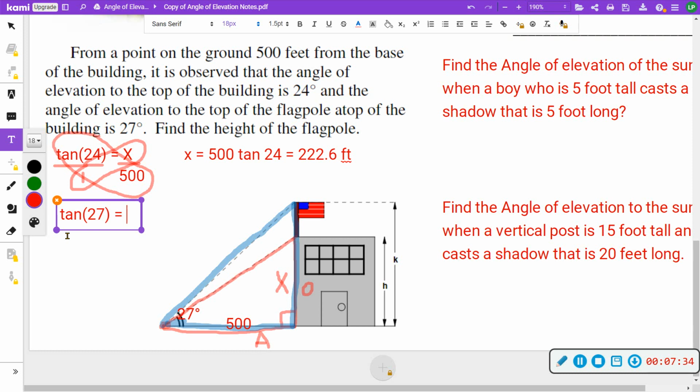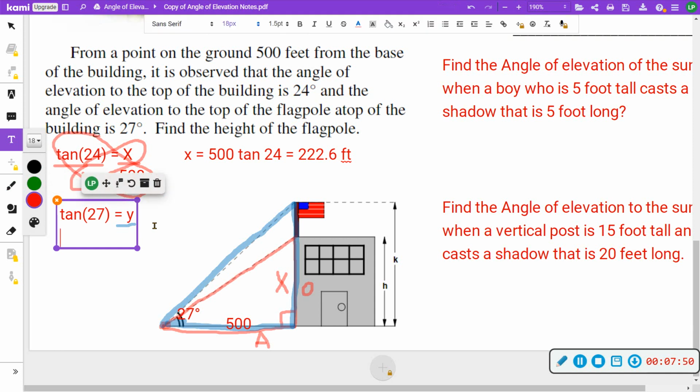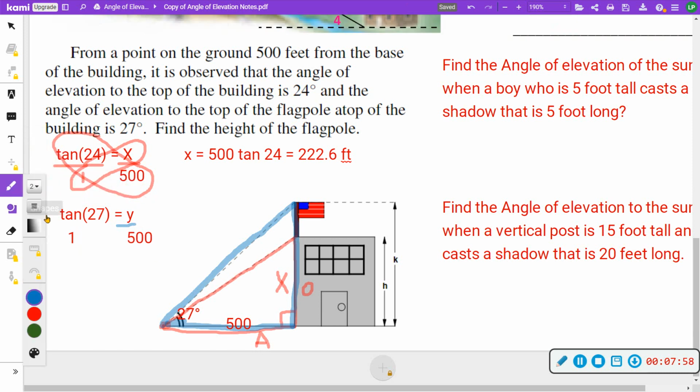equals, and I suppose we could use a different variable for this if you wanted. You can make that be y, but you're still going to divide that by 500. Remember, cross multiply. I put that over 1.